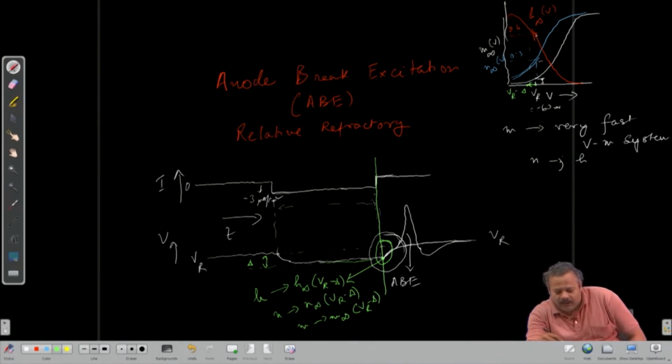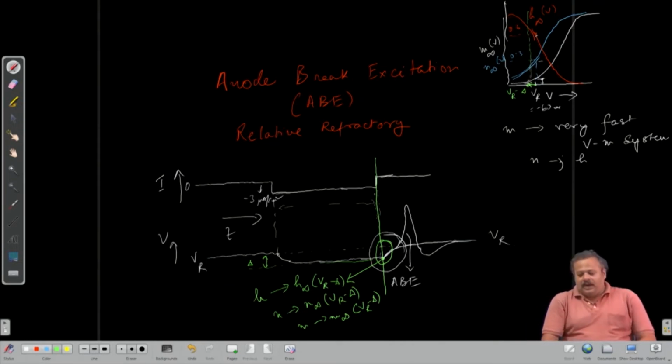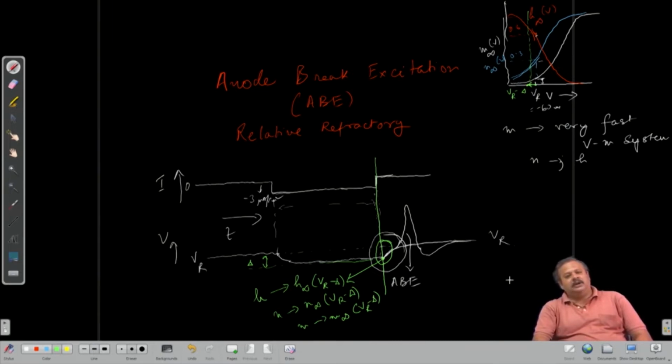Here my m infinity V is hardly changing, because there is a small change in the m infinity values with that delta change, since initially our sodium activation gates' opening probability is very low.